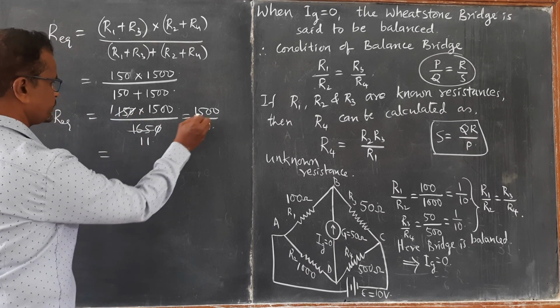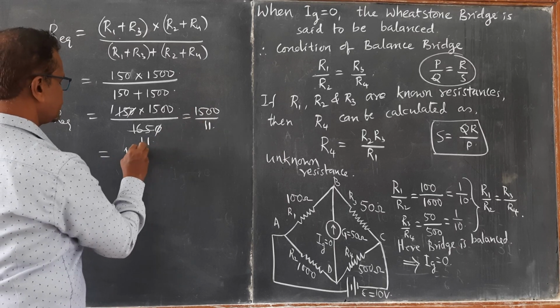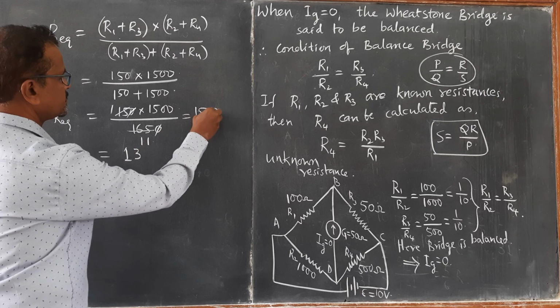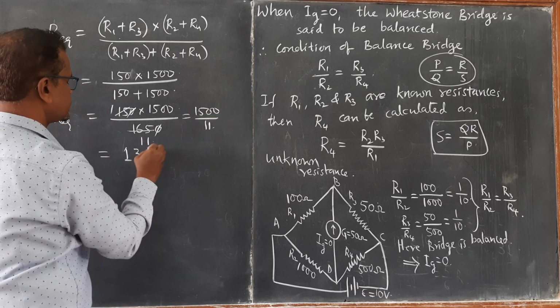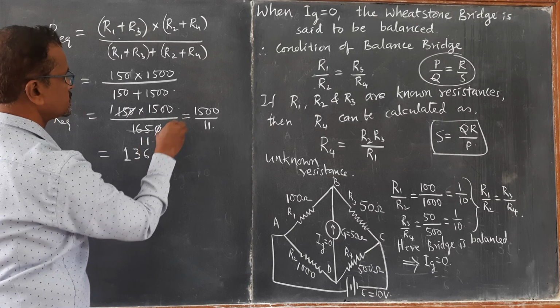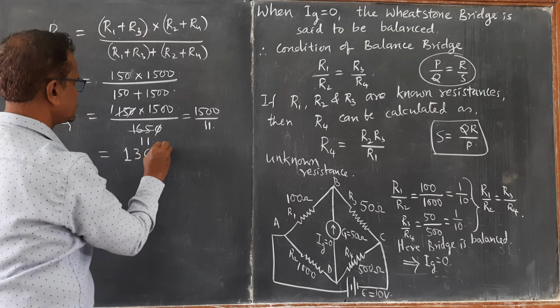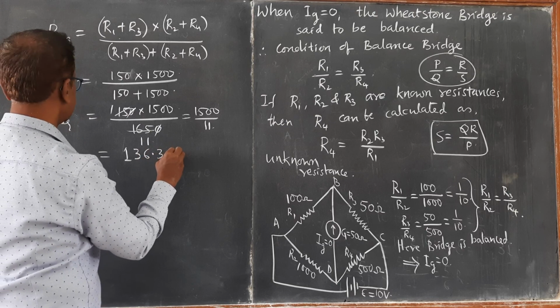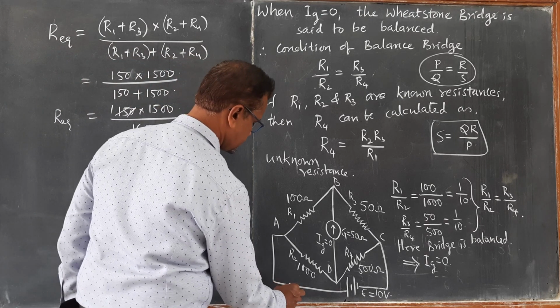You can just calculate if you want. 11 ones are 11, 4 remains, 11 3s are 33, then 7 remains, 11 6s are 66, again 4 remains, 136.3 ohm. So if you want, you can now calculate what is the current.